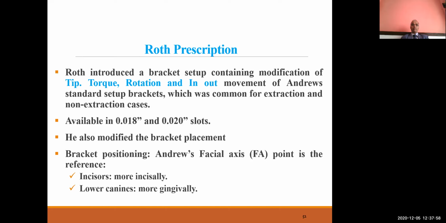We also modified the bracket placement. The bracket positions use Andrews' facial axis point as the reference for the placement of Roth brackets. So in this, incisors are more incisally placed and lower canines are more gingivally placed.